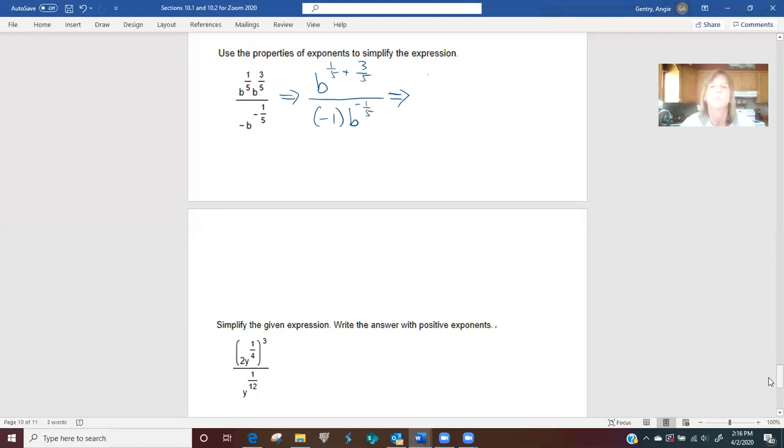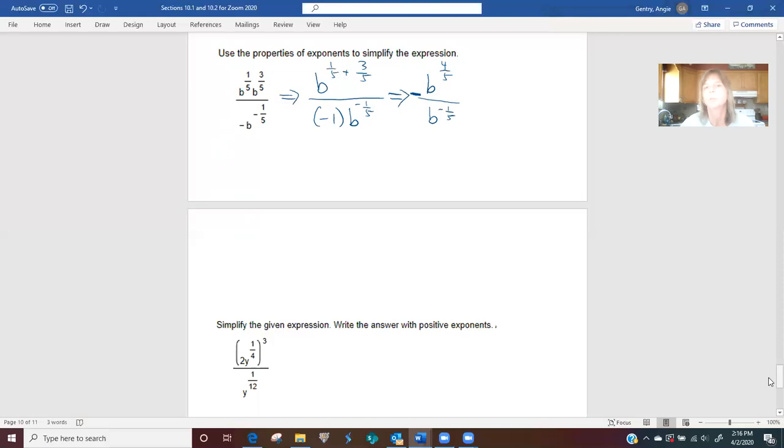Be open-minded. b to the 4/5 over, and this negative turns this whole thing into a negative. So we're just going to remember this whole thing is now a negative. So we'll move that to the front because we're not supposed to leave a negative in the bottom anyway. And here's your b to the -1/5.